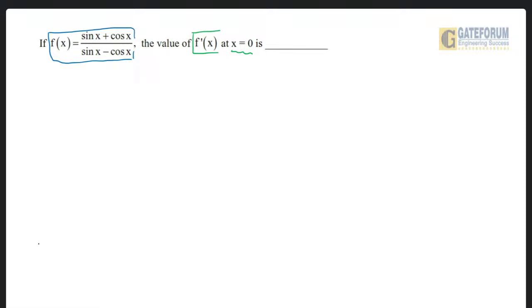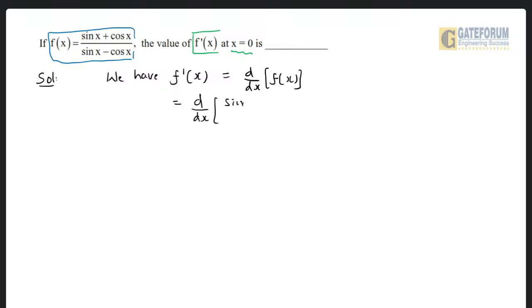Solution. We have f dash x is equal to d by dx of f of x, which is d by dx of sin x plus cos x divided by sin x minus cos x.